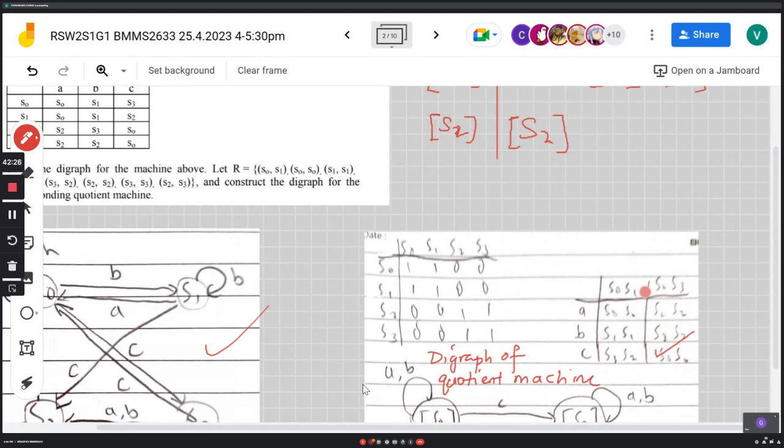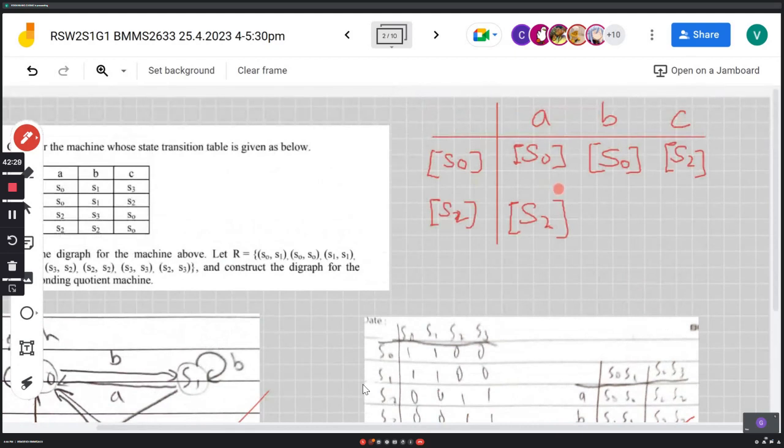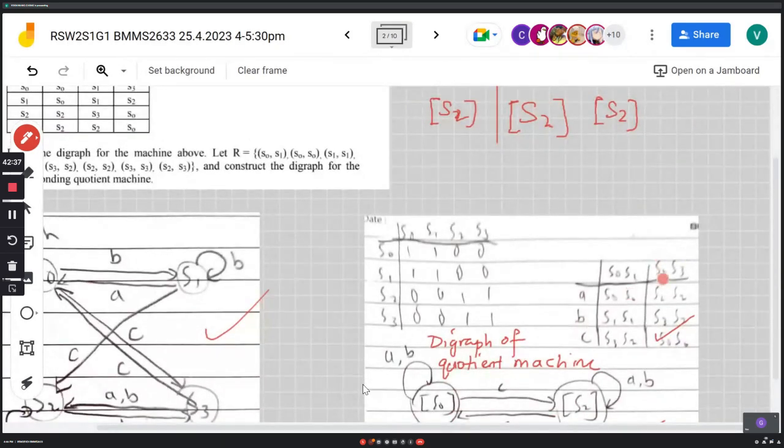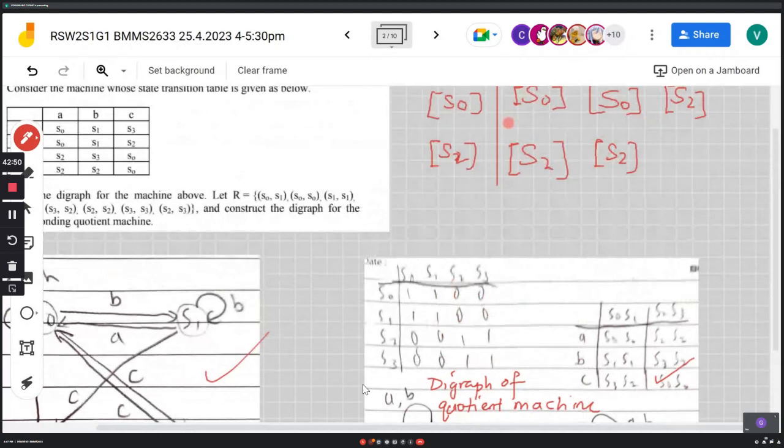This one S3, right? But S3 is still the same class with S2. So here we still write S2. Okay. And for the input C here, S2 after input C, it will go to S0, right? Here, this is S0. So S2 after the input C, it will change to S0.